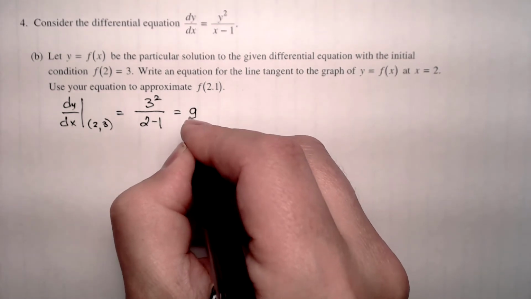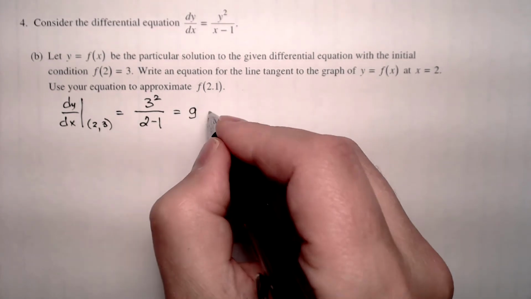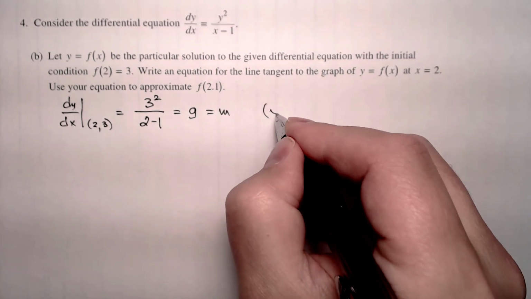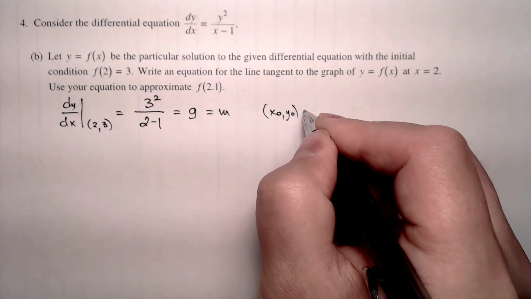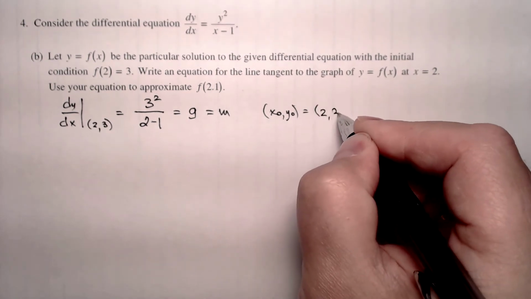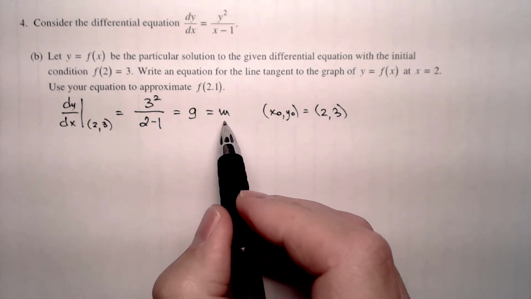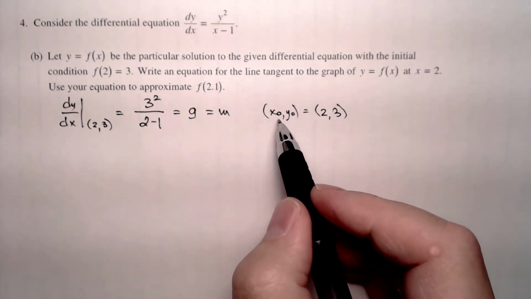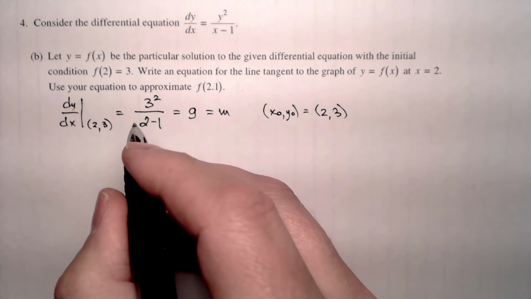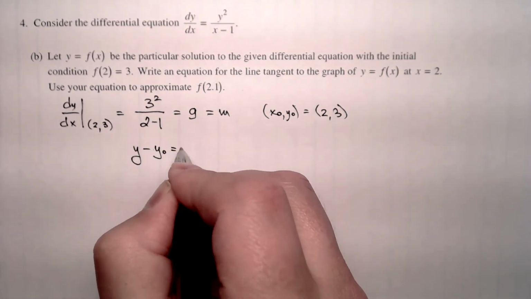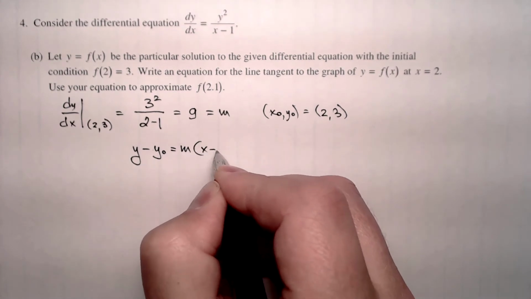This gives us 9. So the slope of the line is 9, and the point through which it goes, the point x0, y0, is actually this point 2 and 3. So let's write a line that has a slope of m, 9, and goes through the point x0, y0. The line is given by y minus y0 equals m times x minus x0.